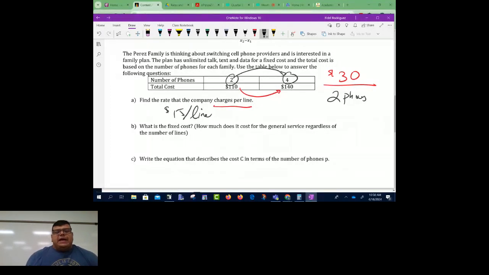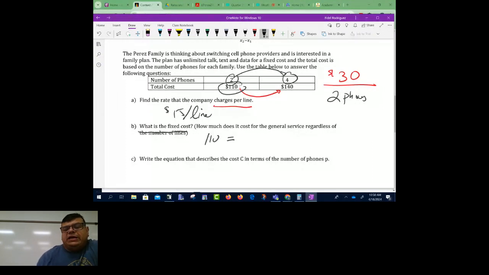Okay. Now, y'all, what we want to know is what is the fixed cost? Meaning, what is the basic fee we're going to have to pay regardless of how many phones we have? Okay. So, y'all, we can do it like this. We can say, look, we're going to pay $110. Oops, 110, not 100. We're going to pay $110. Okay.